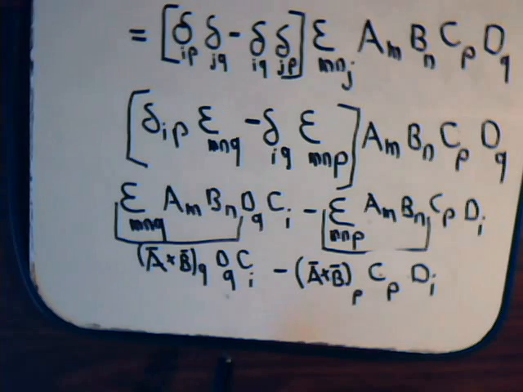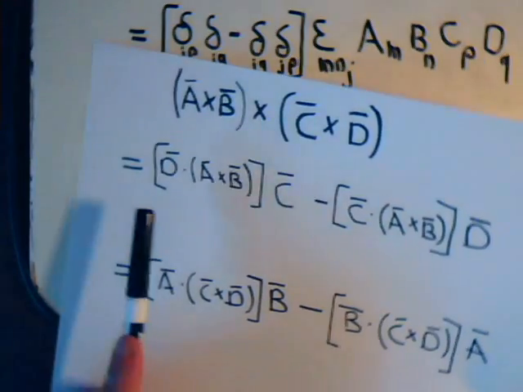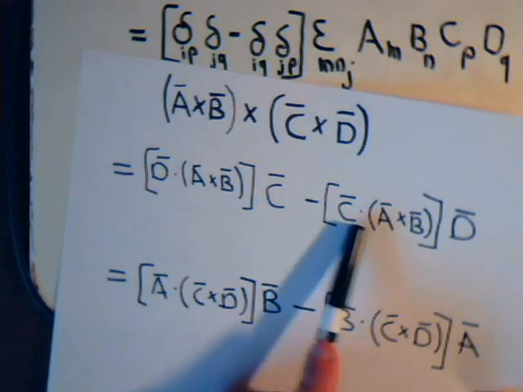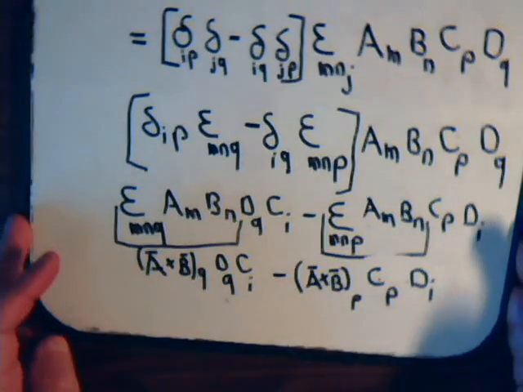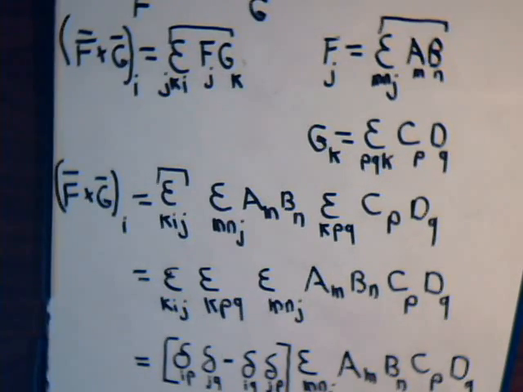But again, Q, this is component form for D, vector D dot A cross B. And this is component form for vector C dot A cross B. And notice that is what these are right here. Okay, but first we got to make some room. So let's go up to here.